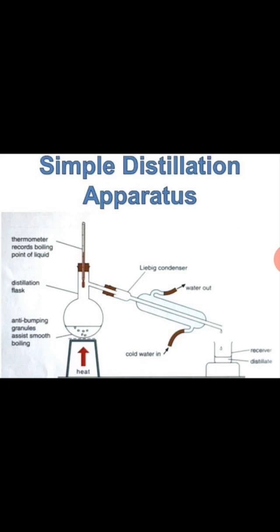In this, you can see that we have our heat source, we have our round bottom flask, we also have a thermometer. This is our thermometer. We have the condenser. This is our condenser, and we also have our receiver.